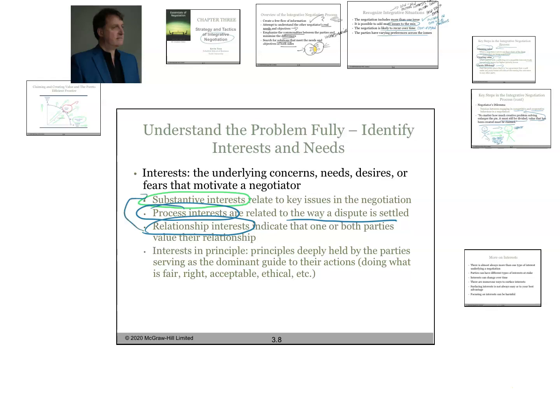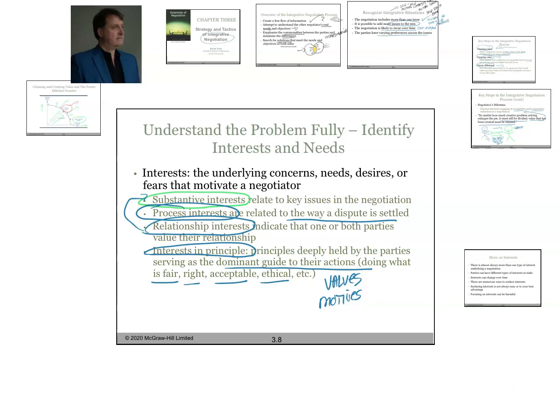And then we have the interests in principle. These are the principles that are held by each party that provide kind of the dominant guide to their actions. So it's how people see things like fairness, right action, what is acceptable, what is ethical. We talk a lot about things like values, motives, all this kind of stuff. We don't get into that in this course too much because our simulations don't really allow for it.